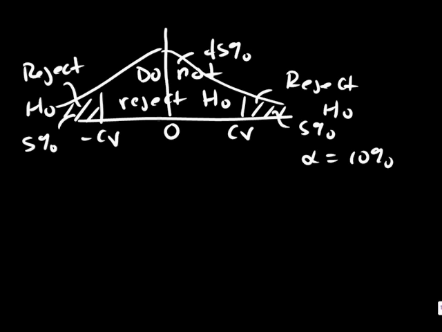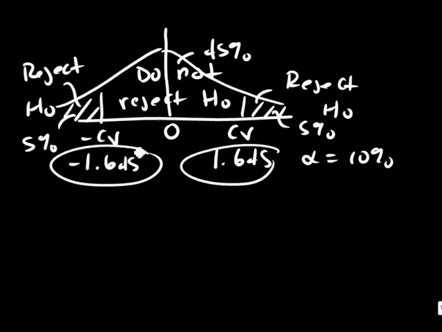So using our z-table and working backwards, we find critical values of 1.645 and, because of symmetry, minus 1.645. This defines the rejection regions from the do not reject the null hypothesis region: one do not reject region, and two reject the null hypothesis regions.